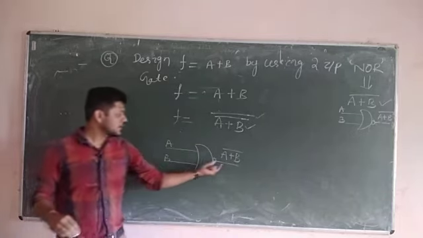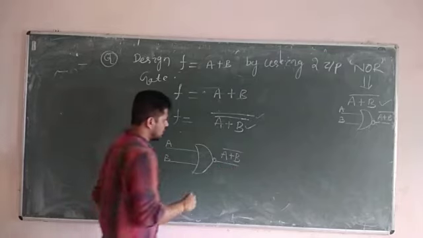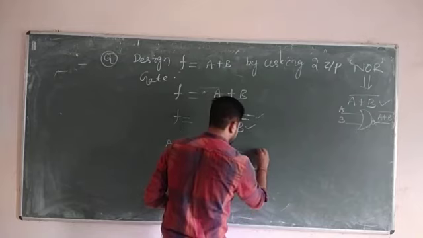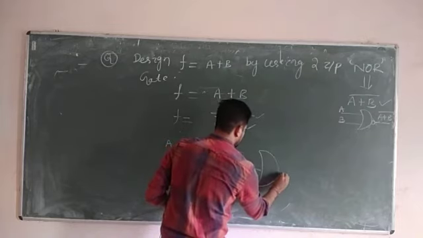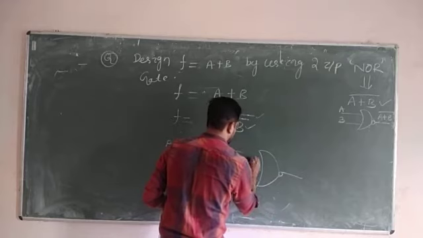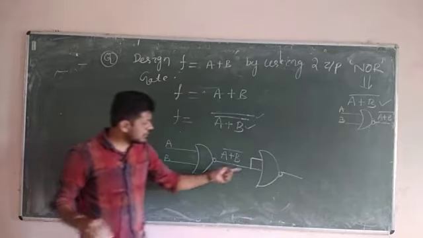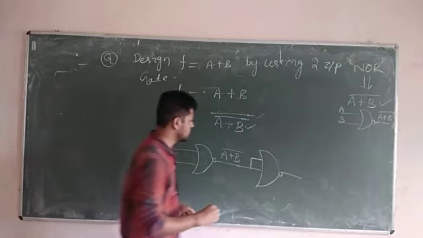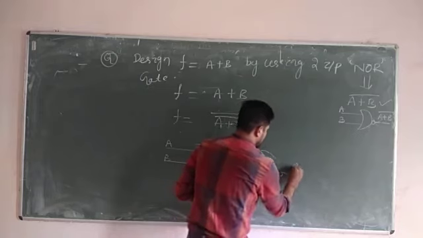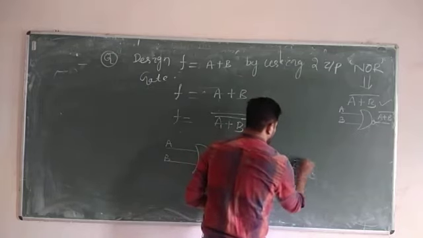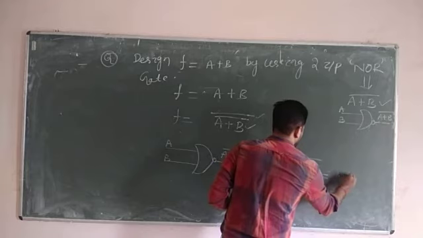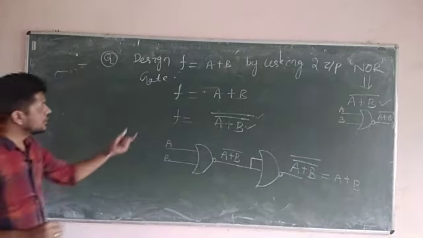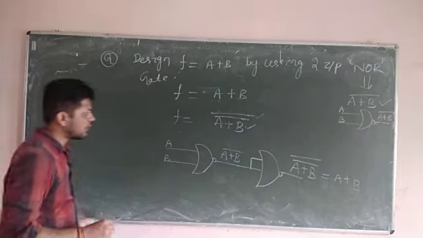So I am getting a or b whole bar. Now just apply this same, because I am applying this a or b as well as this input is also a or b whole bar. So this expression is known as a or b whole bar whole bar, which is nothing but a or b. So in this way you can design an OR gate by using your NOR gate.